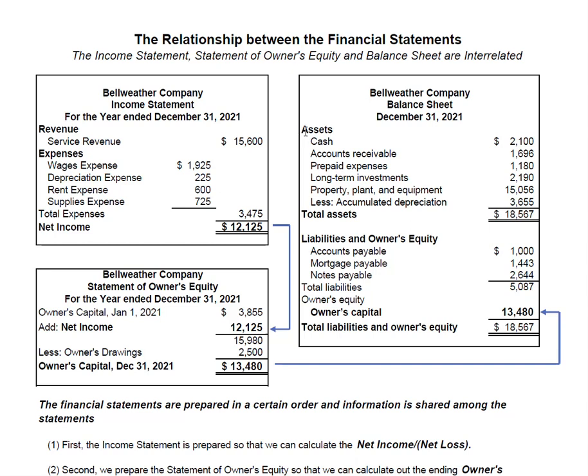Next, we have our heading, Assets, and we list out our assets. And as you can see, the first number in the column gets a dollar sign. And the assets are listed in the order of liquidity. So cash is our most liquid asset, so it comes first. So we have our cash, $2,100.